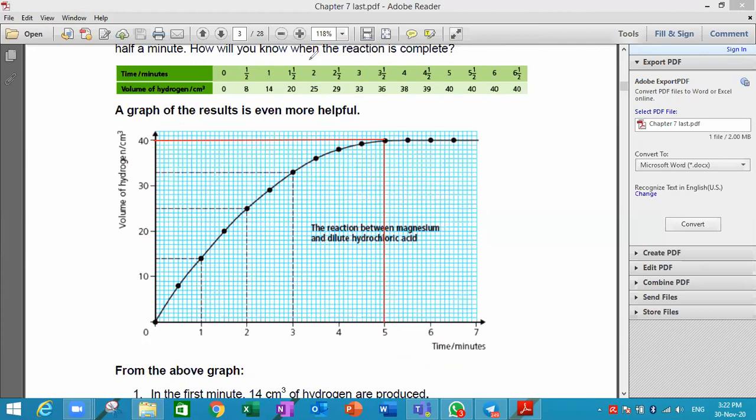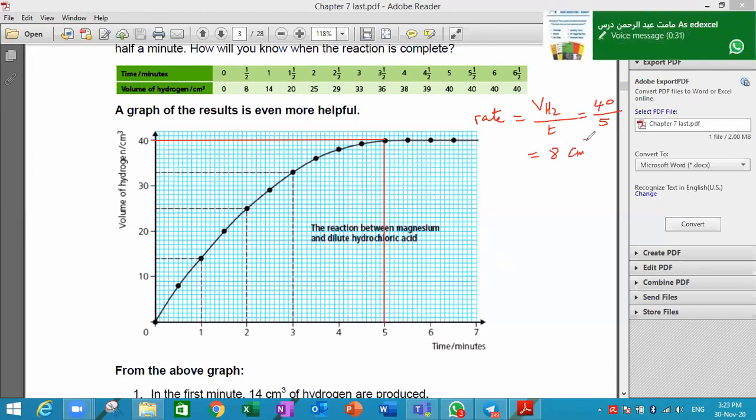And so the rate will be equal to the volume of the hydrogen gas produced divided by the total time. It means that we can divide 40 centimeter cube by the time, which is 5 minutes, and we say that the rate equals 8 centimeter cube per minute.